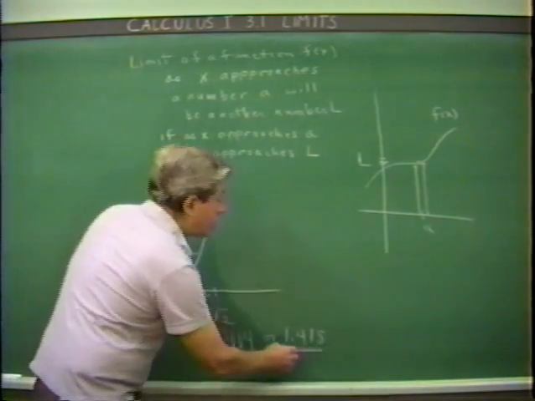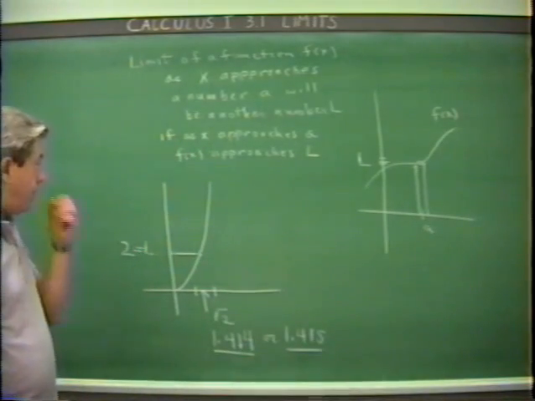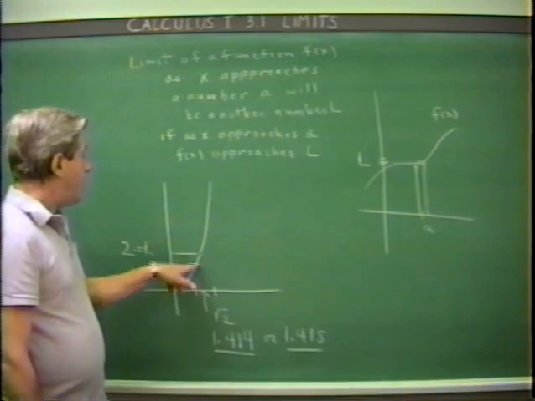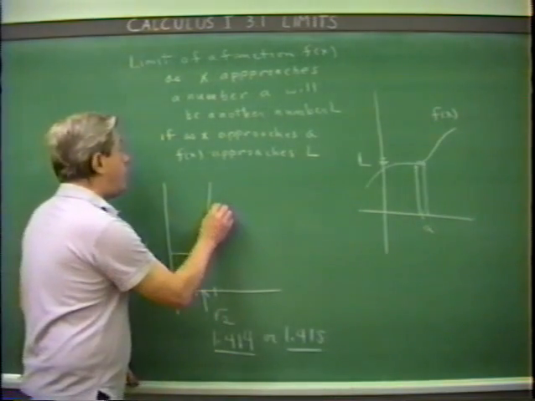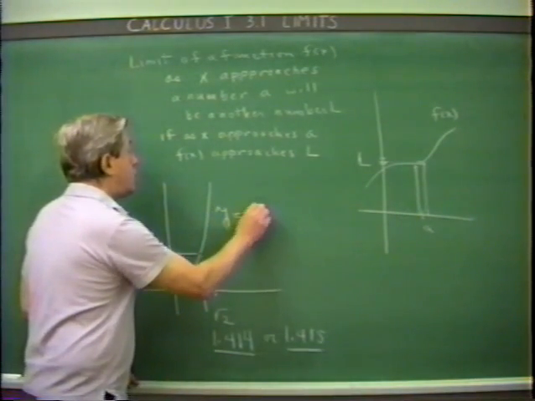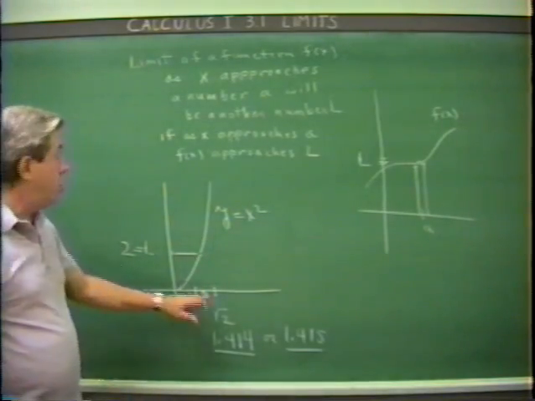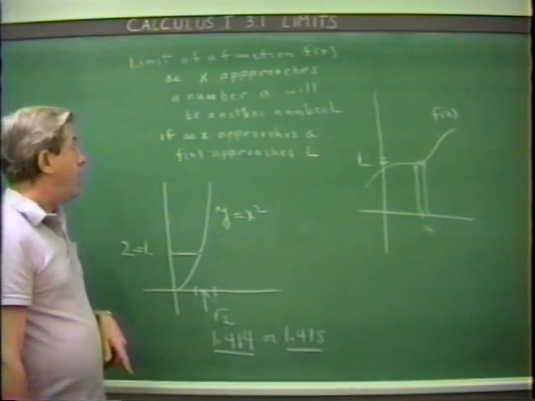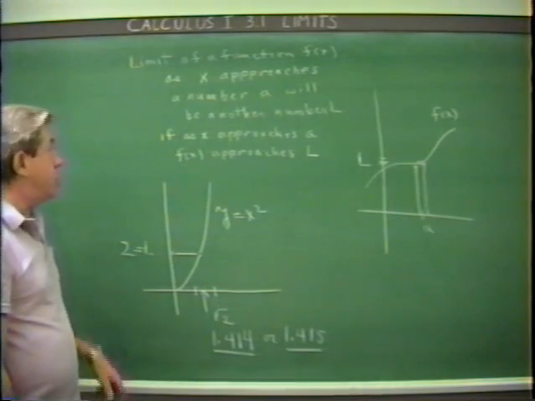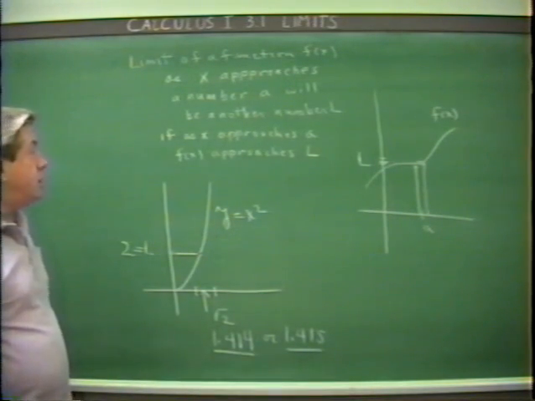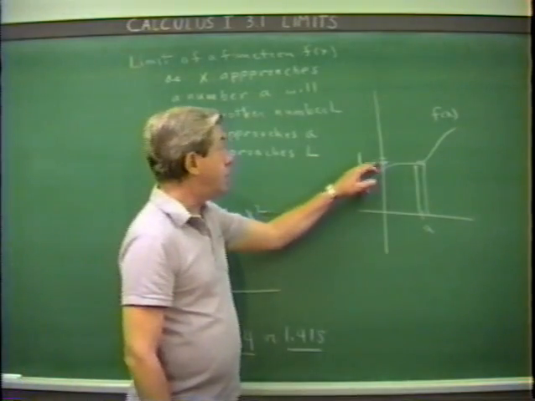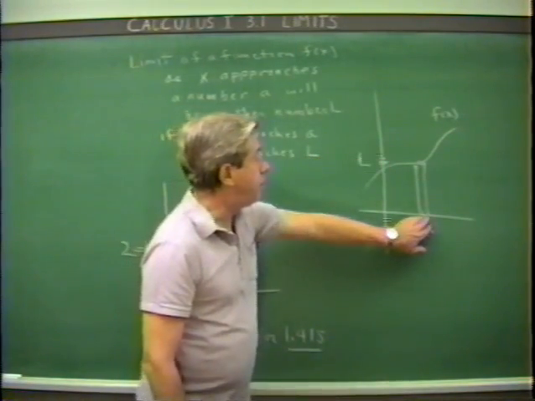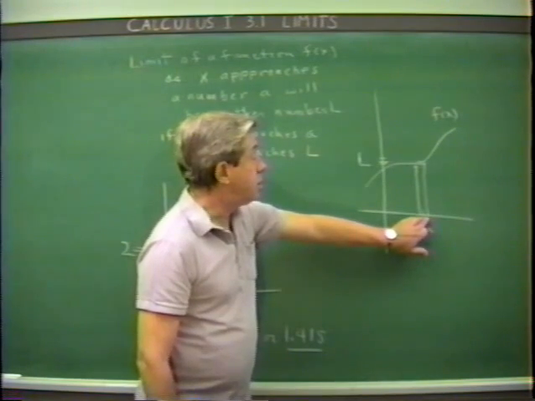We say that the function has limit L if, given any epsilon greater than 0, between L plus epsilon and L minus epsilon, no matter how small epsilon is, there is a delta so that for x between A minus delta and A plus delta, the distance of f of x from L is less than epsilon.